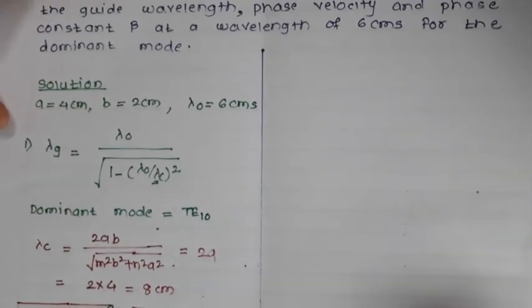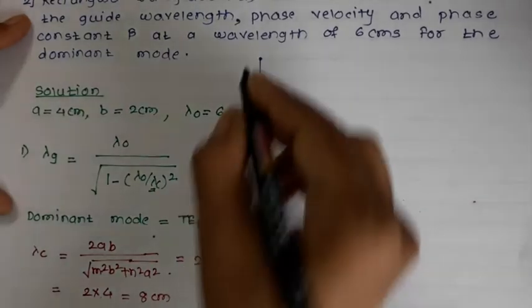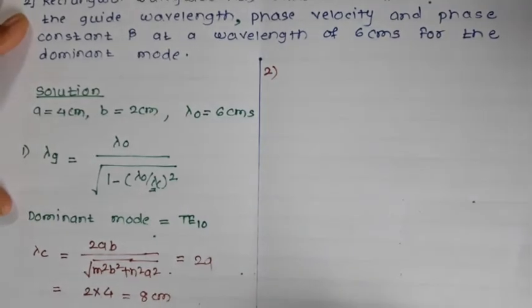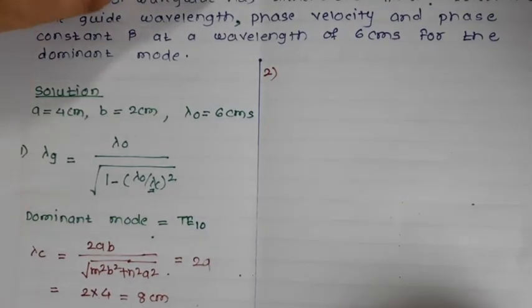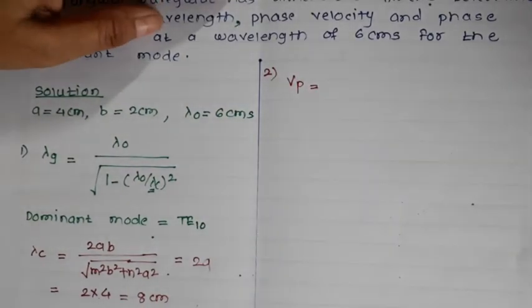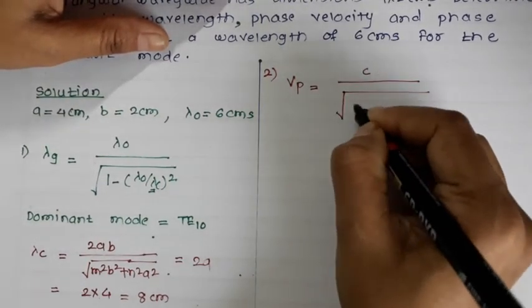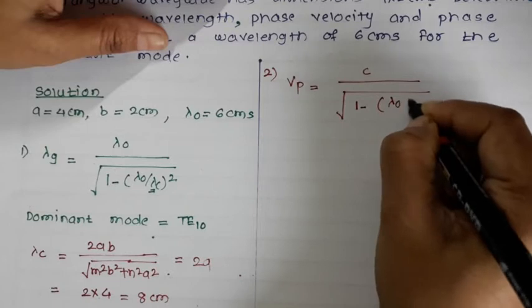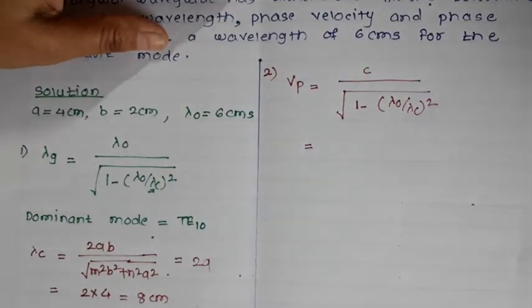Now let us see what second thing we want here. If I see the problem again, I want the phase velocity and the phase constant. So Vp is, we have seen the formula, C divided by square root of 1 minus lambda 0 by lambda c whole square. If you put all the values over here, you have already calculated this value, that is 0.66.